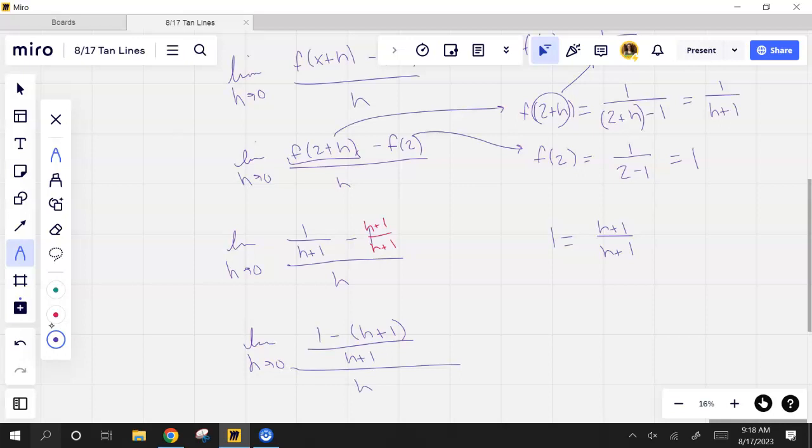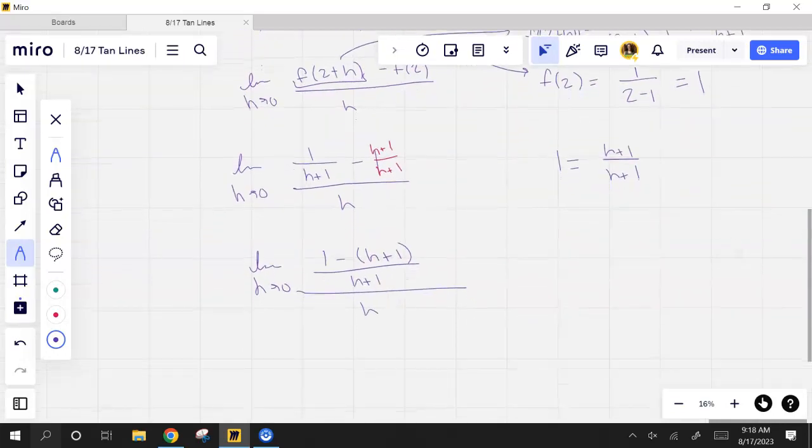Because the difference quotient is so heavily tested. All right. Up top, I end up with negative h. And what I'm going to do is go ahead and multiply by the reciprocal.